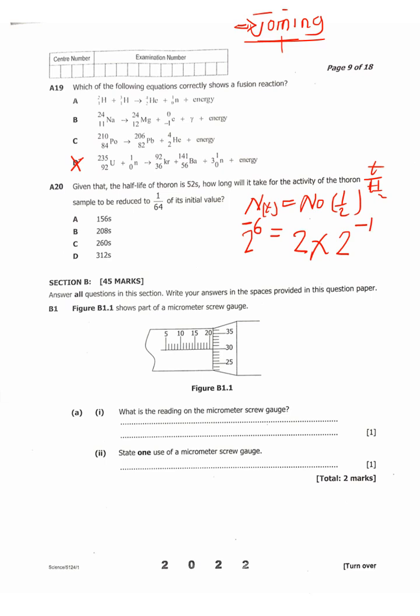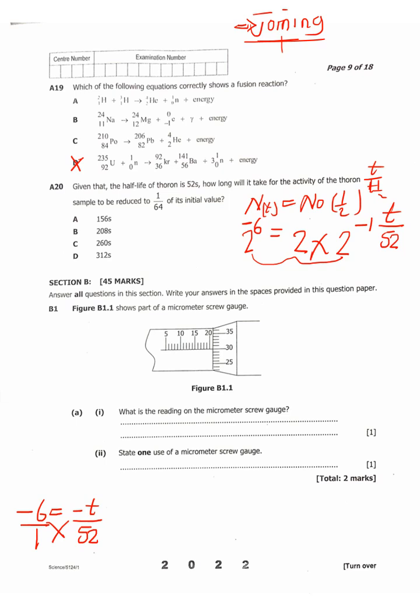Then for t, we are solving for t over the half-life, which is 52. Since we have the same bases, we can just ignore this base. Then we consider the power, so negative 6 is equal to negative 1 times t over 52, and we cross multiply.